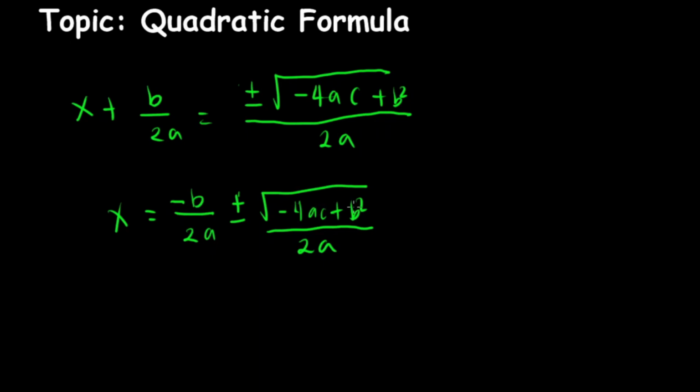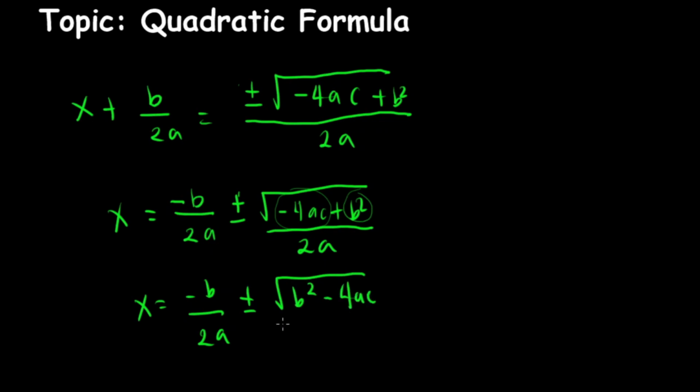By the way guys, this is commutative, no? May property ang addition na commutativity wherein pwede kong ipag-interchange yung position nitong first term at position nitong second term. So, x equals negative b over 2a plus minus square root of b square minus 4ac over 2a.